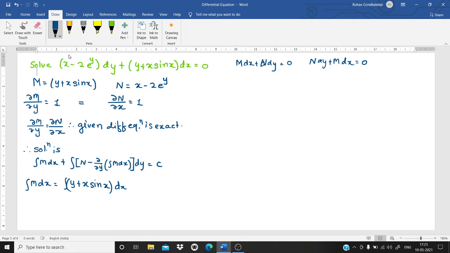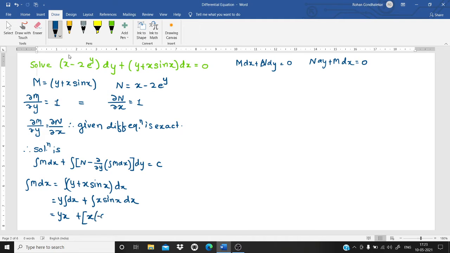So while going for integration, the first term is y. So we can write this as y integration with respect to x plus x sin x integration with respect to x. So this is y into x plus integral of x sin x. We follow the generalized by parts rule, where in the first term x is an algebraic function, we keep as it is x.